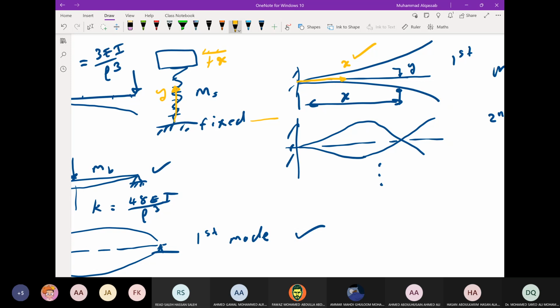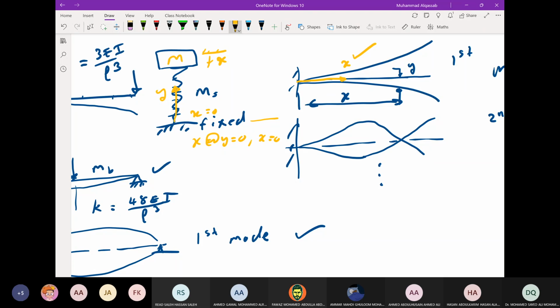What is x at y equal to 0? It is also 0, because this is fixed. And x at the top is the motion of the mass.